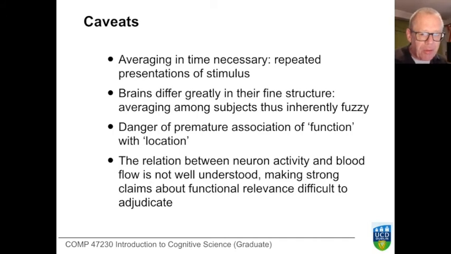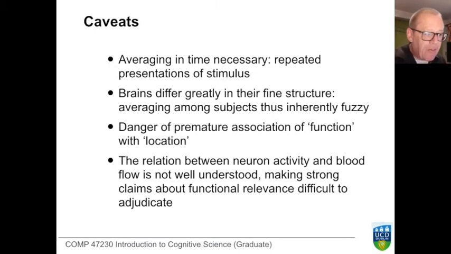Perhaps the biggest problem here, or danger that lurks, is one we have singled out before, which is the premature association of function with location. Remember, this was the phrenological mistake of the 19th century, which is that you project your idea of what the brain is doing onto a place in the brain. Such studies have often been criticized in this manner, and we saw examples of that.